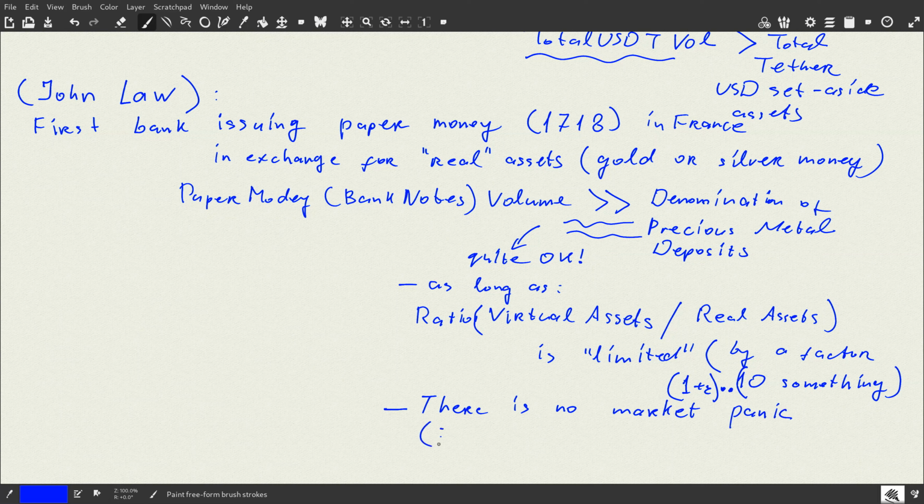So basically, investors have a trust, and trust is the key word here, in your assets. For the moment, crypto investors do have a trust in USDT.